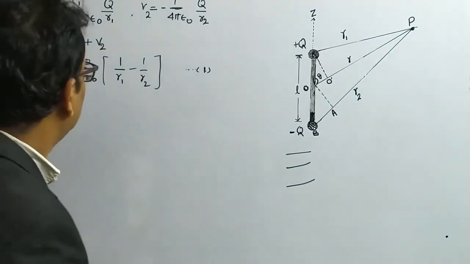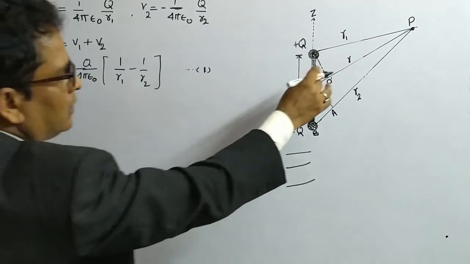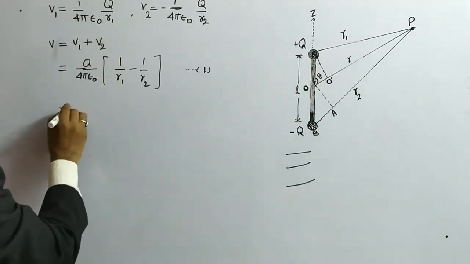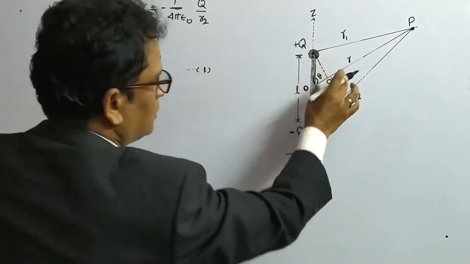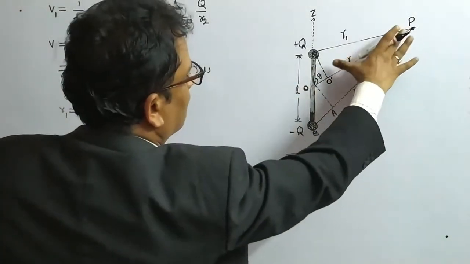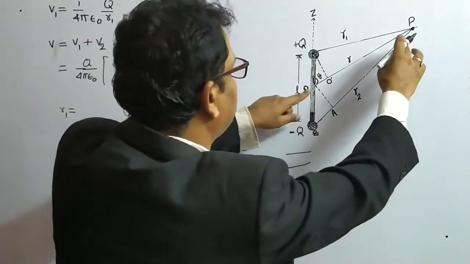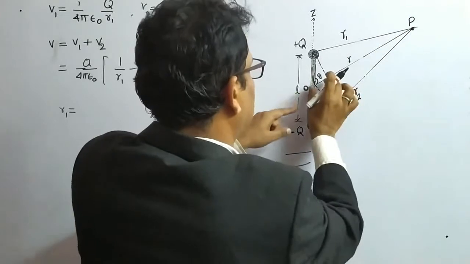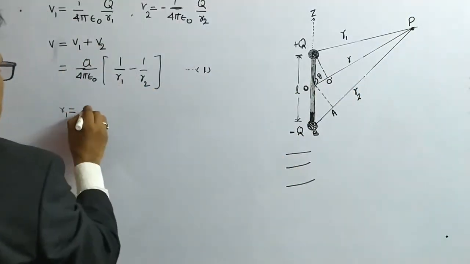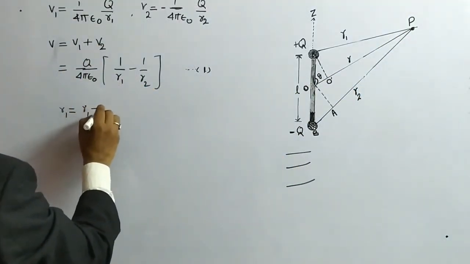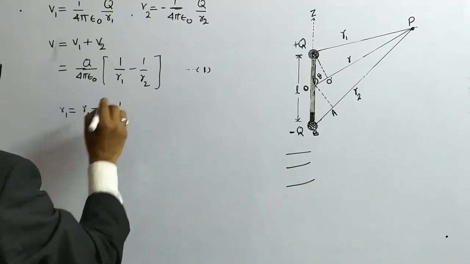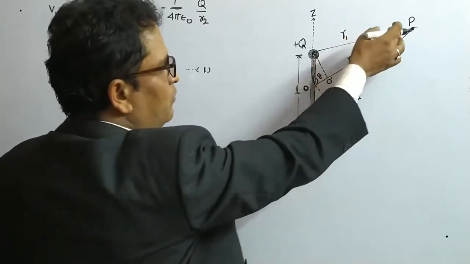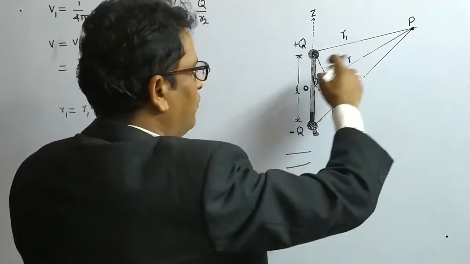In that case I can write r1 to be r minus O dash, because in that case I can take these lines as parallel lines and the point is considered to be very far away from this dipole.